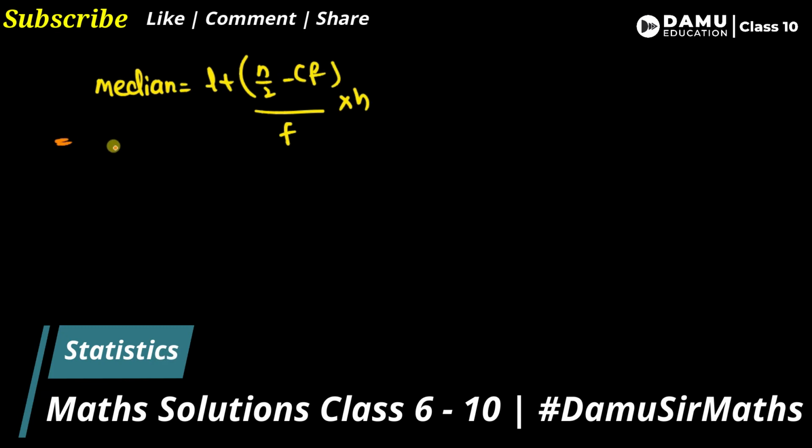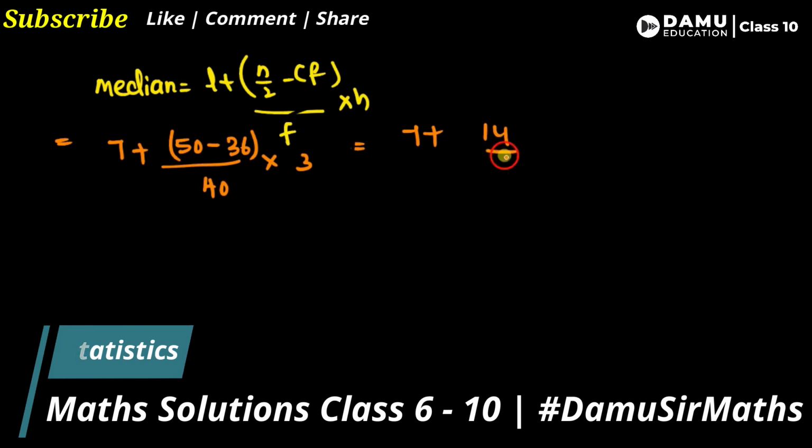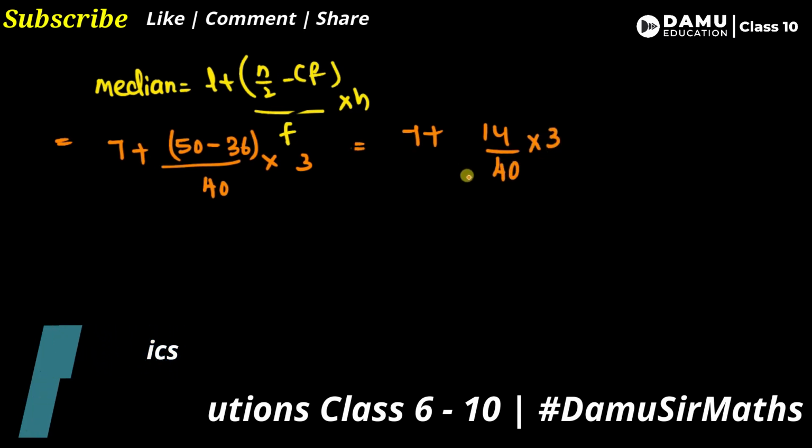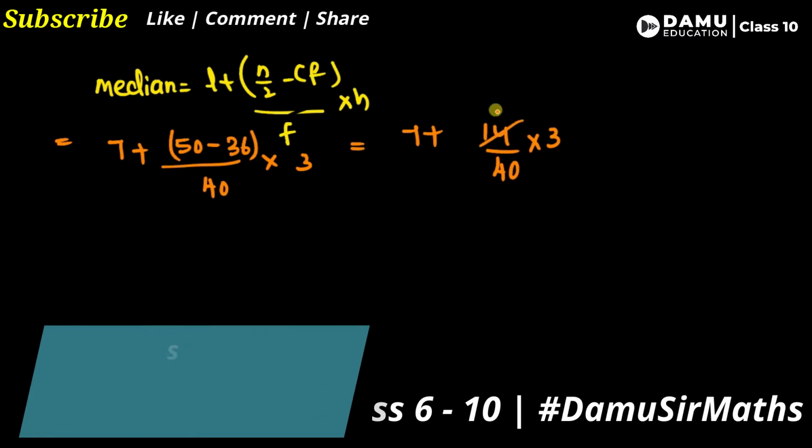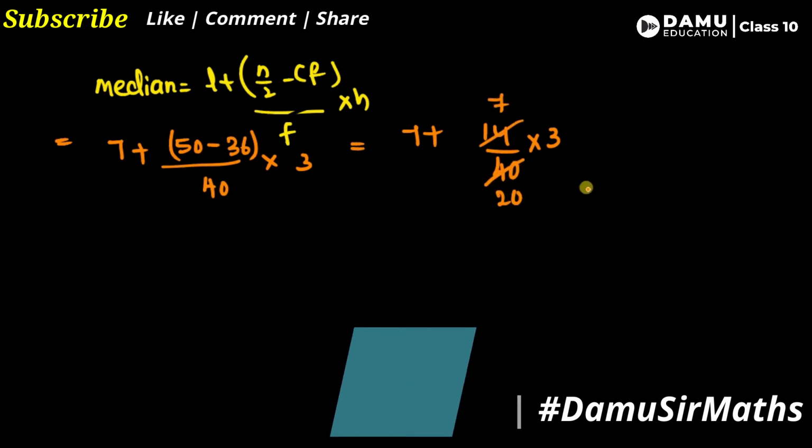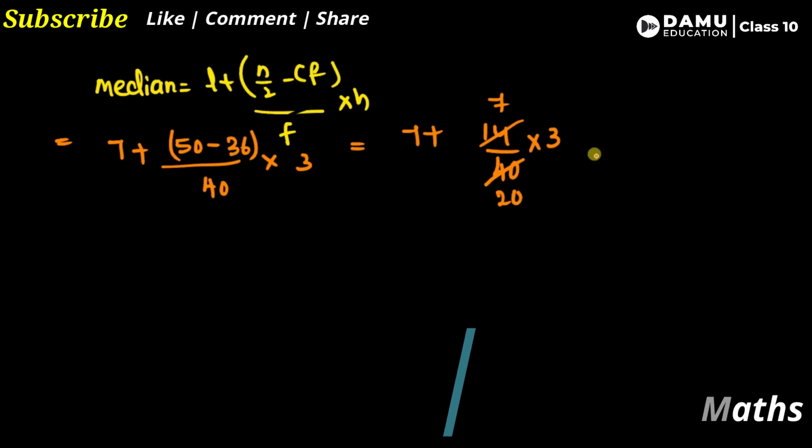Let's substitute all these values. Small l is equal to 7. So 7 plus, n by 2 is 50, cumulative frequency is 36, the frequency is 40, and h is 3. So 50 minus 36 gives 14. That is 14 by 40 into 3. We can cancel with 2: 7 by 20 into 3, that is 7 plus 21 by 20.